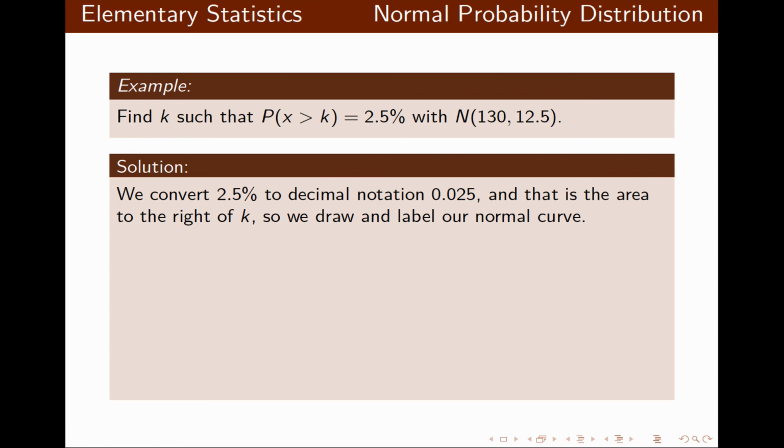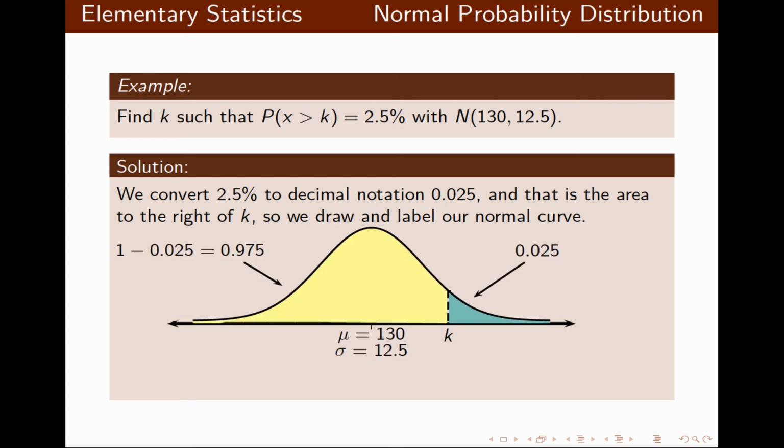When we convert 2.5% to decimal notation, we get 0.025. But this is the area to the right of k. So if we draw and label and find the area to the left of k, it will be 0.975.